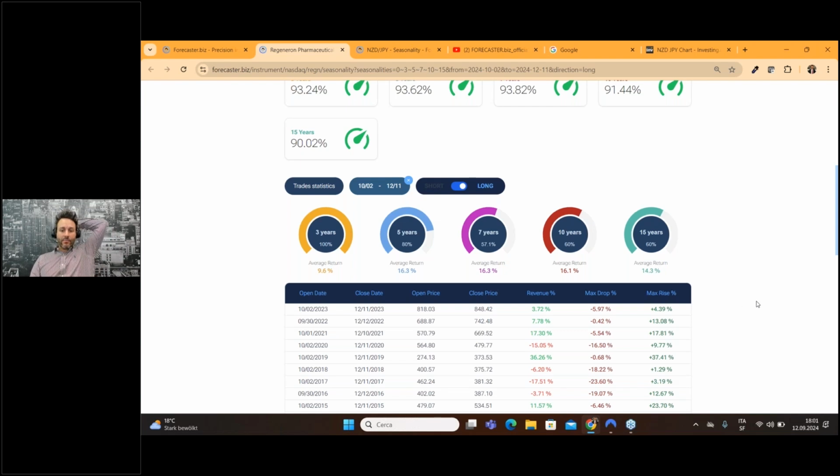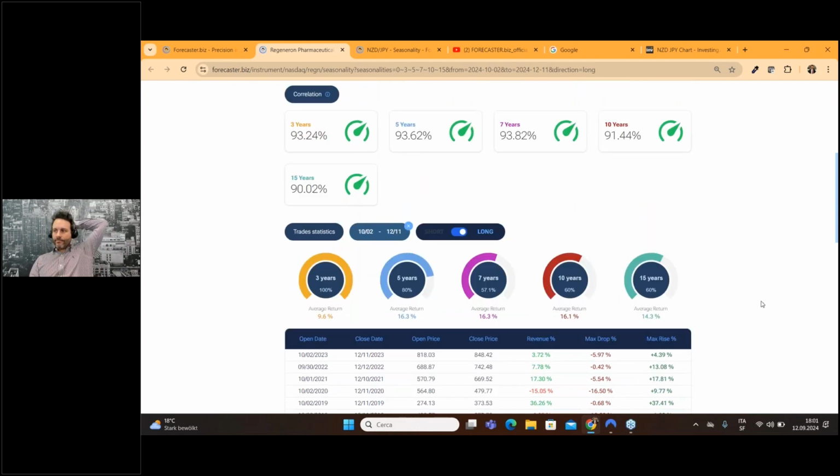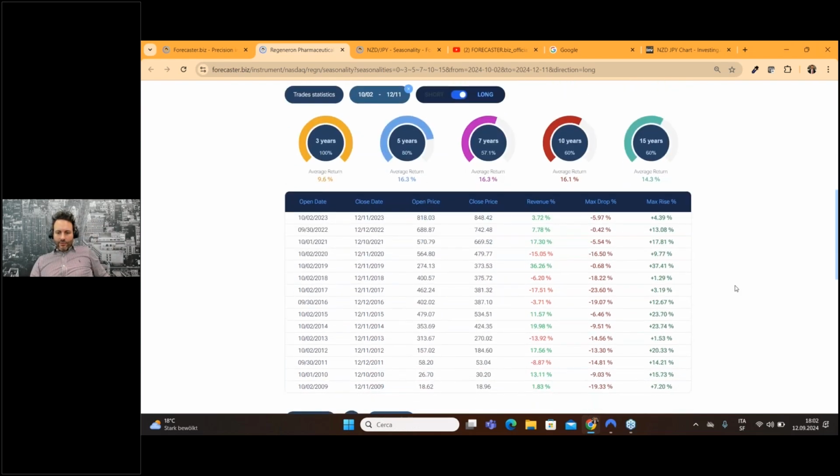But, for example, in this case, I don't really like this trade, guys, because look, we have 80% of winning in the 5-year, but only, I mean, it's not bad, but we have to check a little bit.